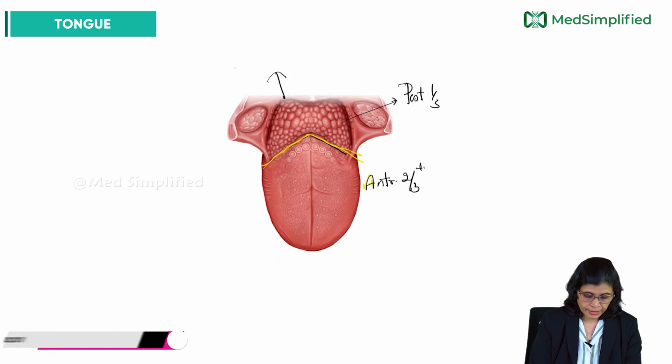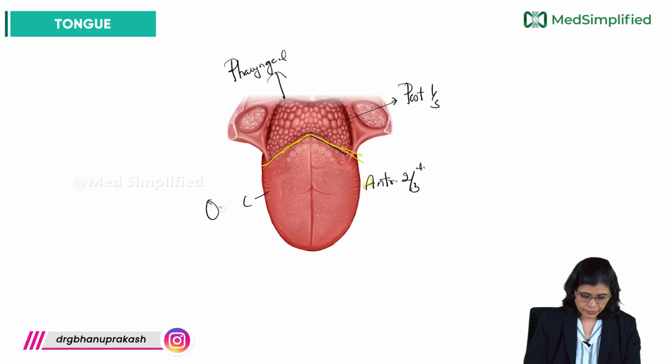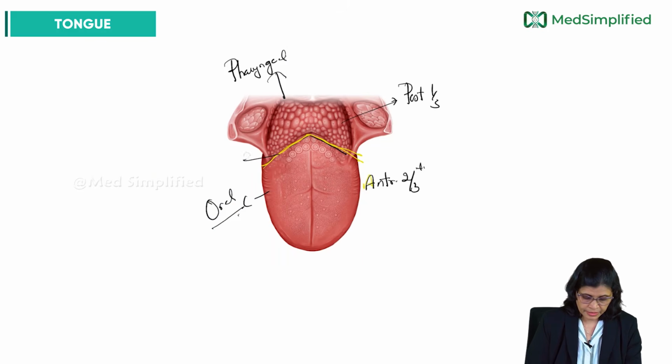This is in the oropharynx region, whereas this is the oral part of the tongue. This V-shaped sulcus, we call it the sulcus terminalis.